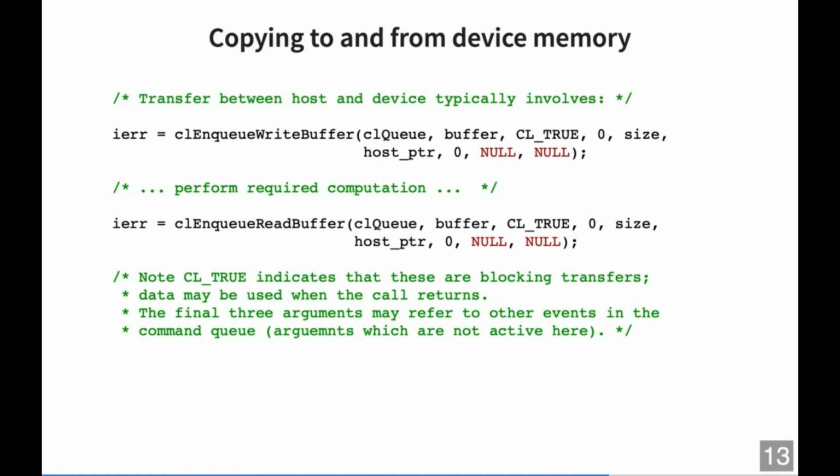And the last three arguments here are to do with events, which I don't really want to discuss today. If you don't care about these, you can effectively leave them out with this 0, NULL, NULL.